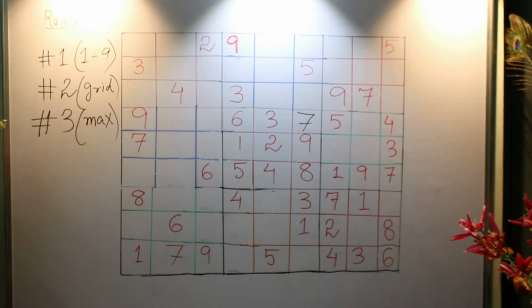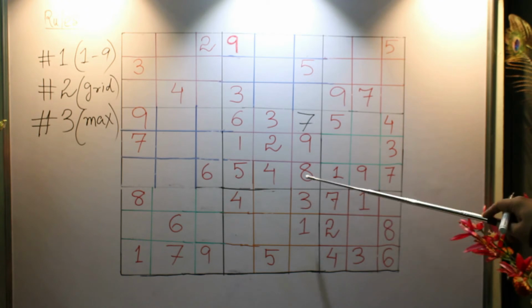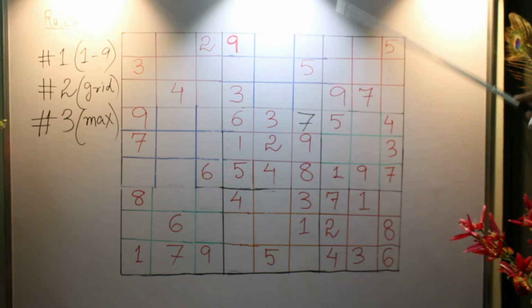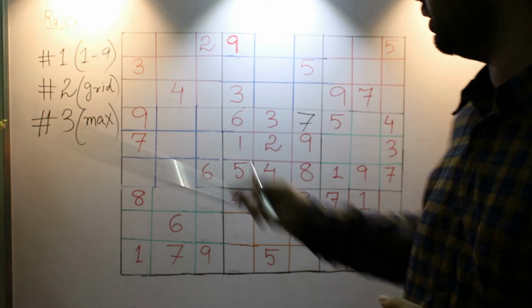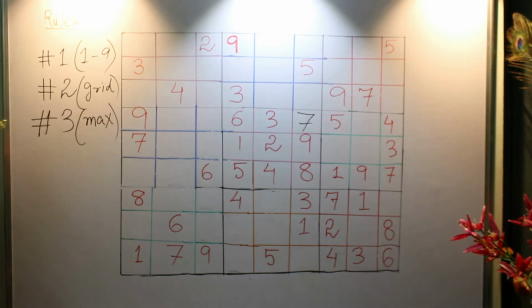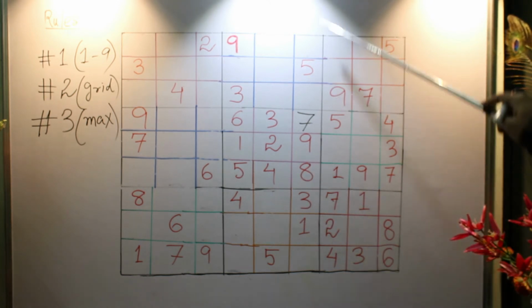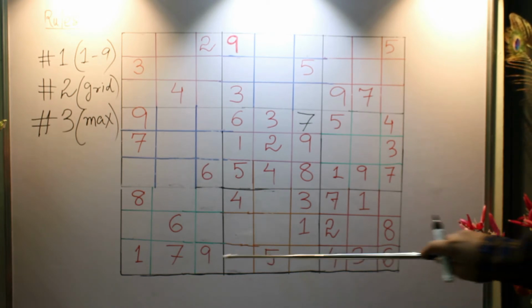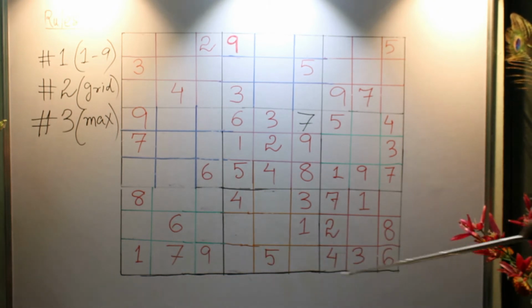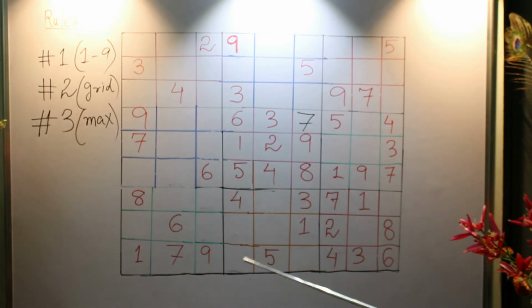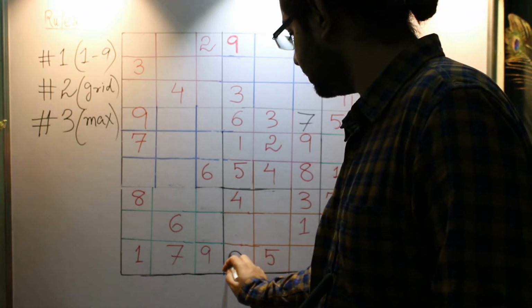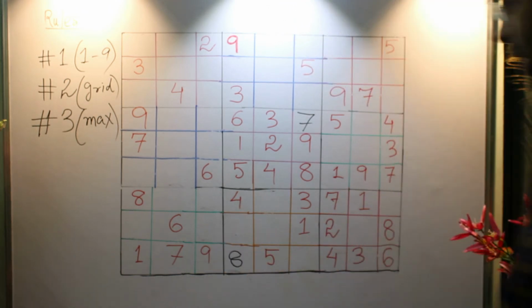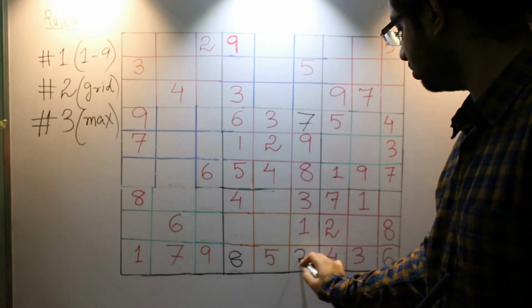You cannot place 8 here because of this 8, because of rule number 1. If 8 is already there in this column, you cannot place 8 here. But 2 and 8 have to be placed in this row. So 8 can only be filled in this box. Write 8. And the one which is left is 2. Write 2.